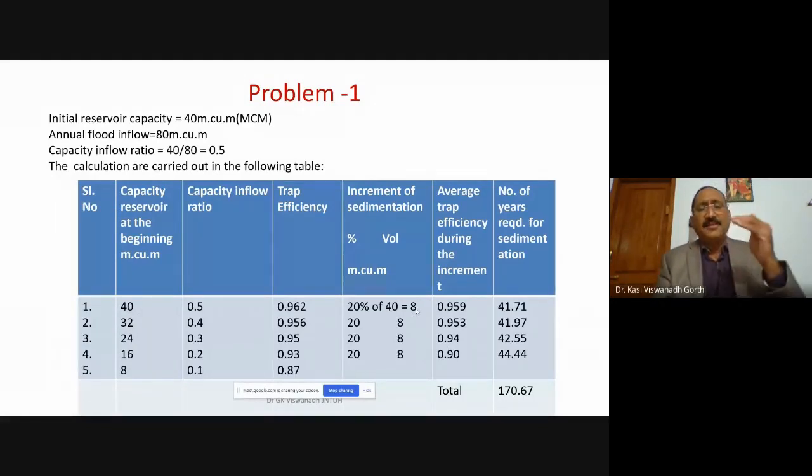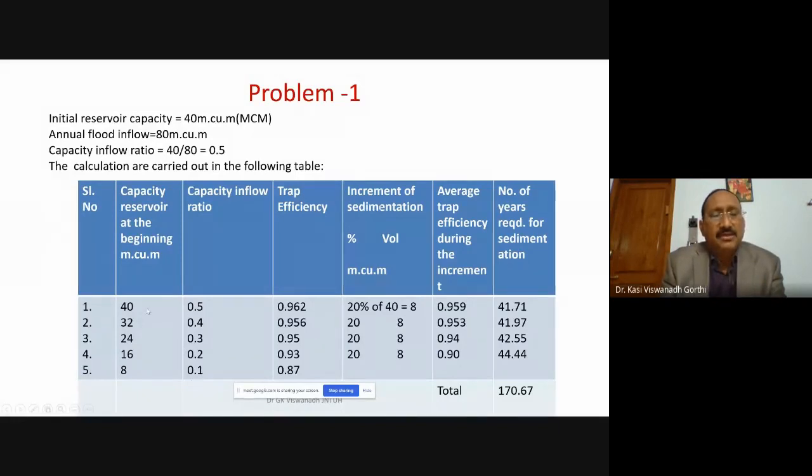That means from 100% to 80%, the reservoir capacity will become 40 to 32. Then from 32 to 24, that means 80 to 60%. Then from 60 to 40%, then 40 to 20%. 16 to 8 million cubic meters, 40 to 20%. The moment it reaches only 8 million cubic meters available here, we say that the life of the reservoir is exhausted. So this is how the second column values are obtained.